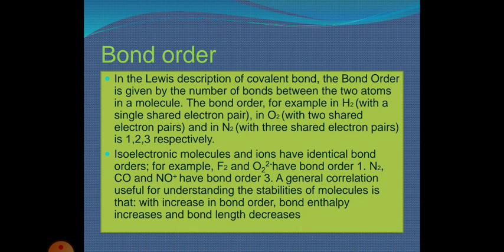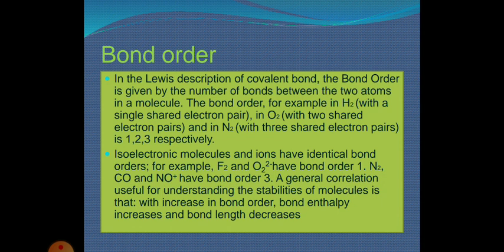Isoelectronic molecules and ions have identical bond orders. For example, F2 and O2 2 minus have bond order 1, and N2, CO and NO plus have bond order 3. A general correlation useful for understanding the stability of molecules is that with increase in bond order, bond enthalpy increases and bond length decreases.